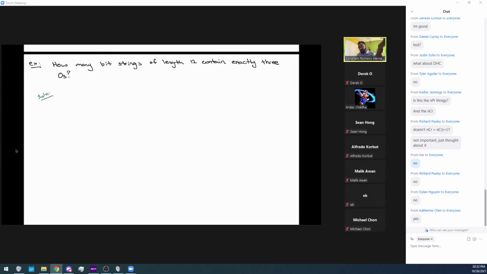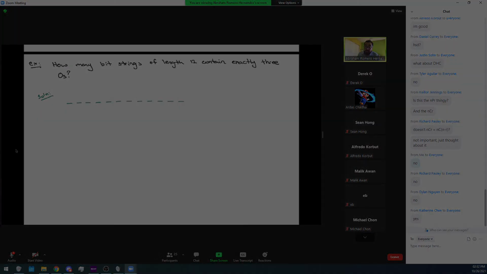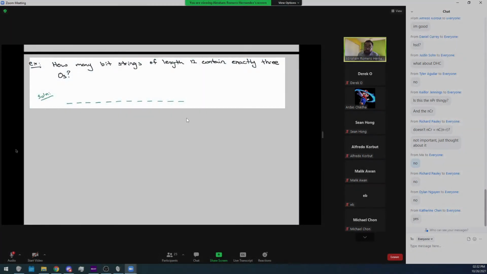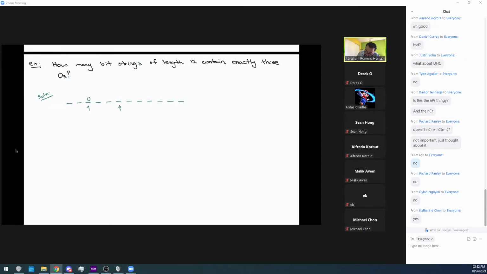Well, let's look at this. So I have a bit string of length 12. 1, 2, 3, 4, 5, 6, 7, 8, 9, 10, 11, 12. It has to contain exactly 3 zeros. So I could put a 0 here, I could put a 0 here, and let's say I put my 0 here.